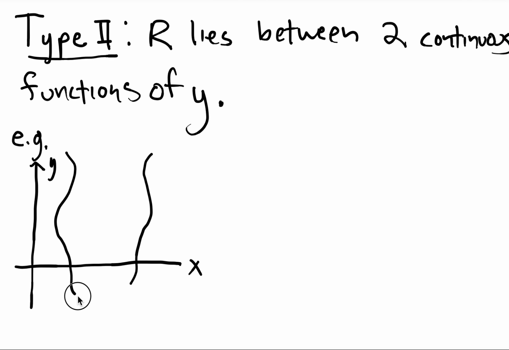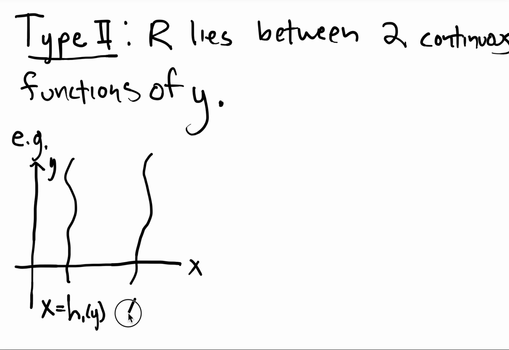So something like this, okay, let's say that I've got x equals a function of y, so I'll call this h1 of y. Let me get my order straight. And I'll make this x equals h2 of y.